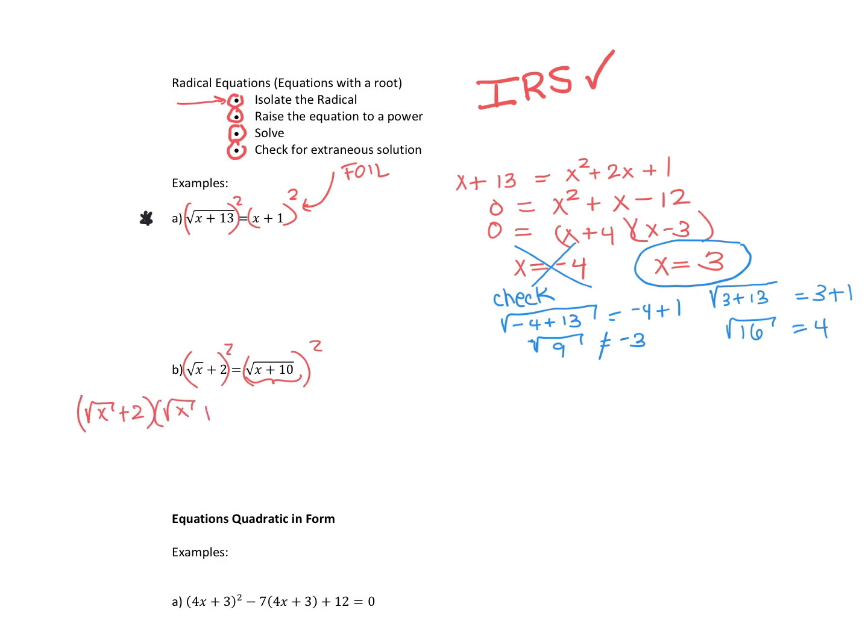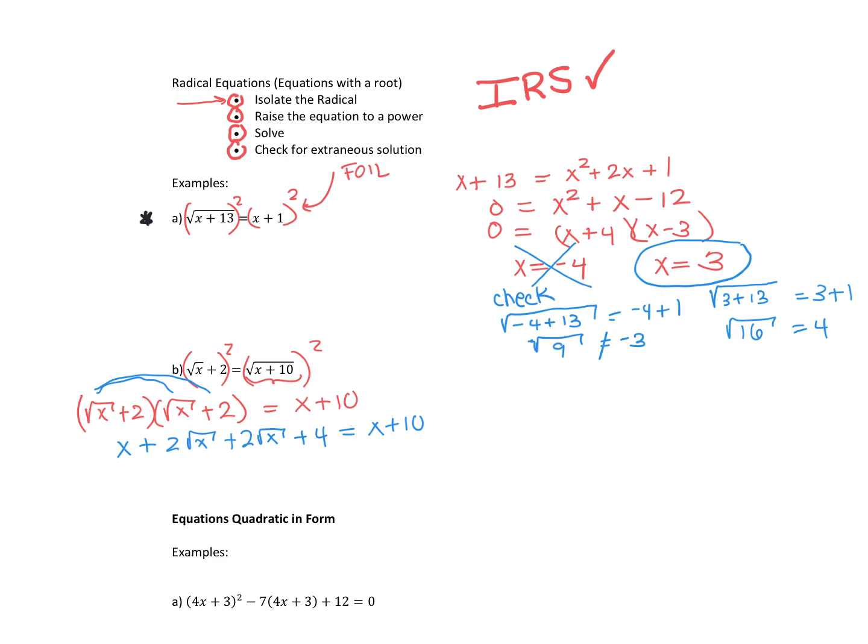We'll do it together. And then on this side, we get just x plus 10. So when I FOIL on the left-hand side here, root x times root x is x. On the outsides, I get 2 root x. On the insides, I get 2 root x. And for the last, I get 4.